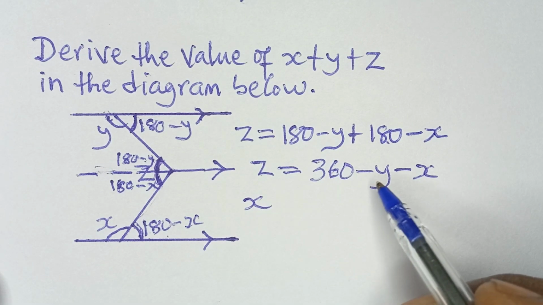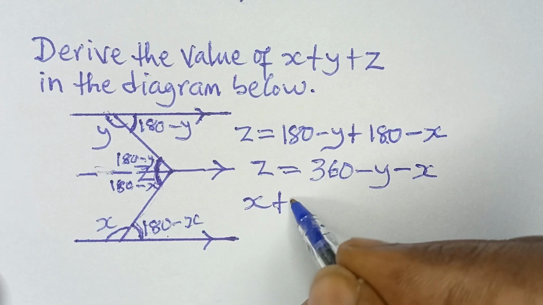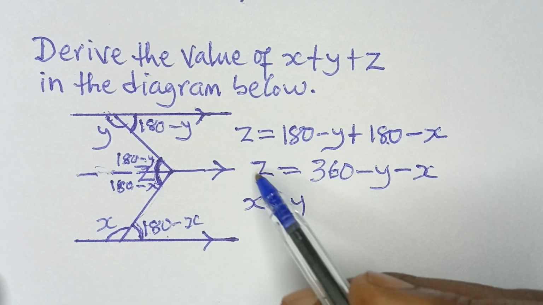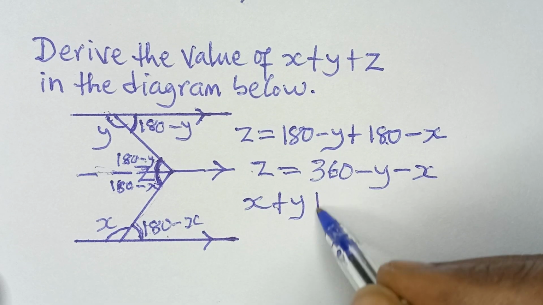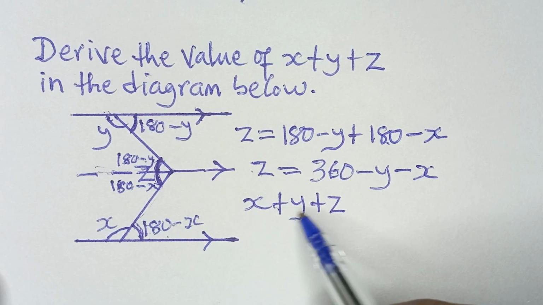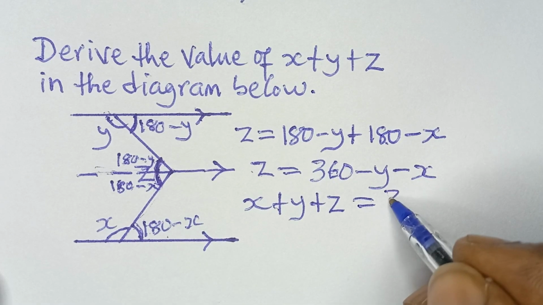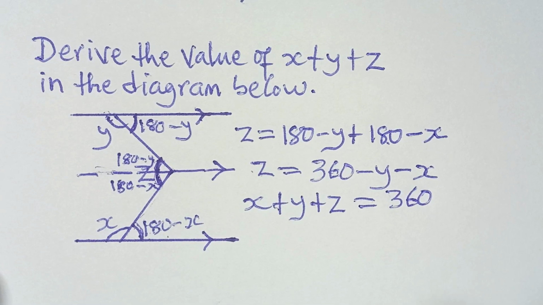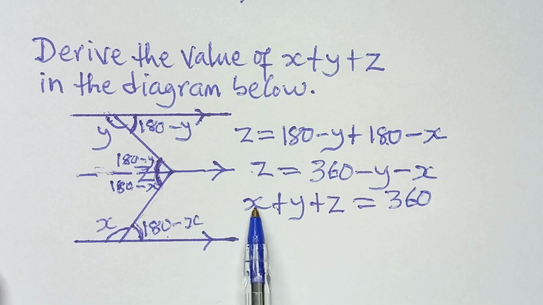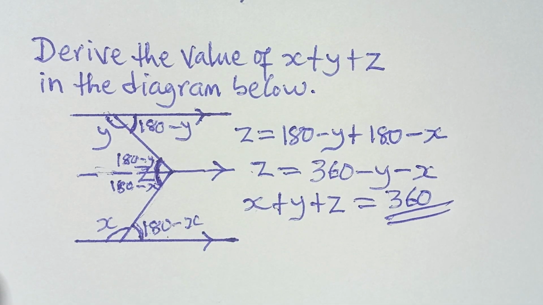If I also carry this negative y to this part of the equation, it becomes positive y. And don't forget, positive z is also already on the left-hand side of the equation. So I have x plus y plus z is equal to what is left on the right-hand side, 360. So that shows that the value of x plus y plus z is equal to 360.